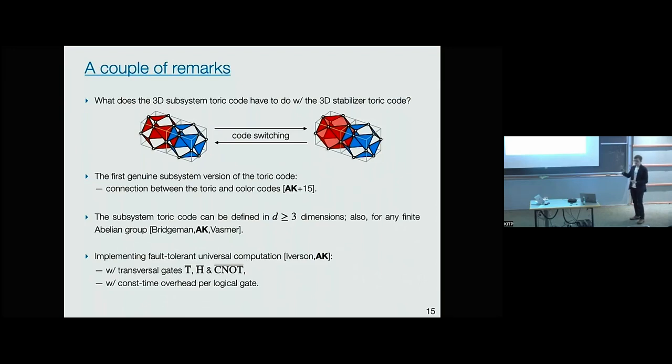Notice that there is no contradiction with the Eastin-Knill theorem. If you're confused, ask me about it. Importantly, in this approach, we can realize each logical gate in constant time overhead. So this allows you to do a very quick, reliable computation.